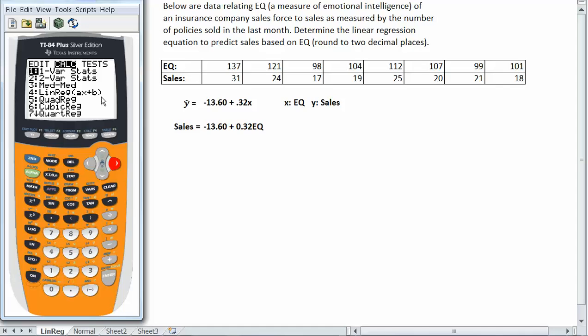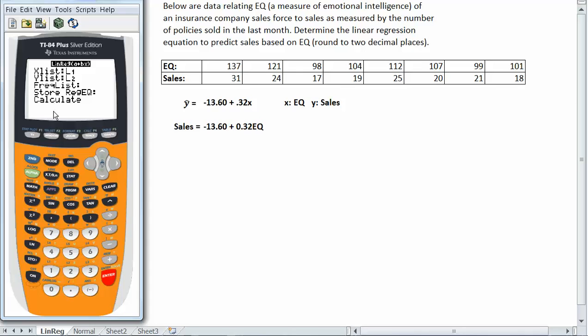So if you continue down, even though that's the form you're familiar with from some algebra classes, if you arrow down to number 8, it's linreg again, but this is the form A plus BX, which is the more common form that you see in introductory statistics textbooks. So we're going to choose this choice, number 8. The calculations will be the same, just the roles of A and B are reversed.